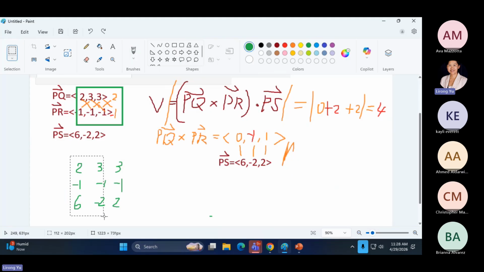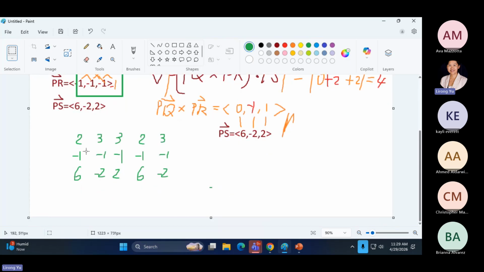That is, you repeat the first 2 columns. You add 2 more columns to it, so it becomes a big table, or a matrix of 3 by 5, 3 rows and 5 columns. So what we do is cross multiply. The positive diagonal goes this way. That will be 2 times -1 times 2, which gives -4, and 3 times -6, which gives -18.